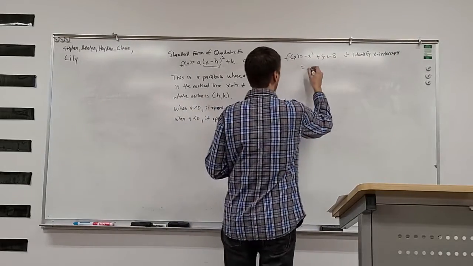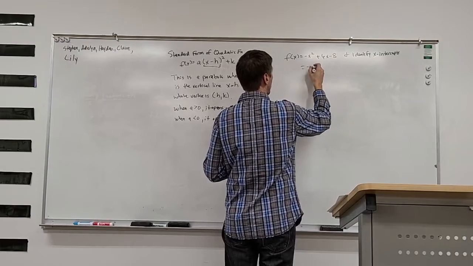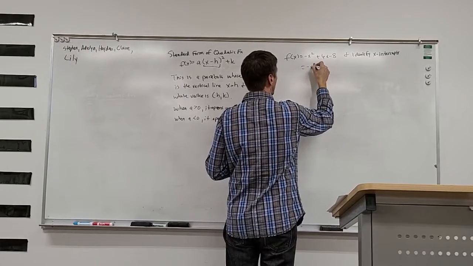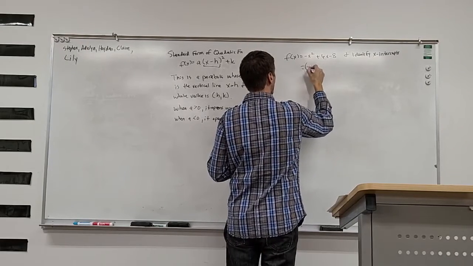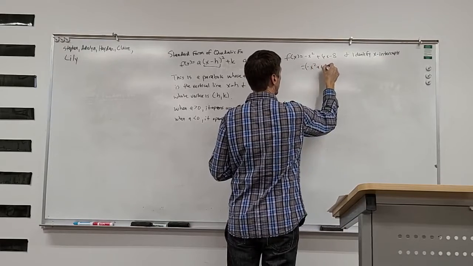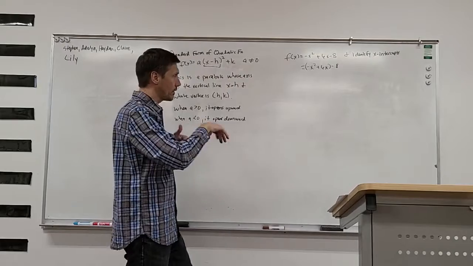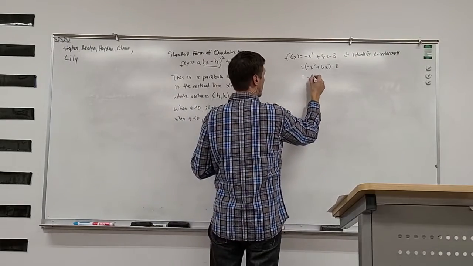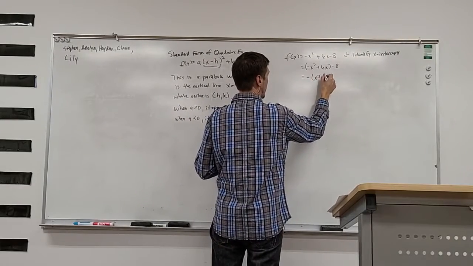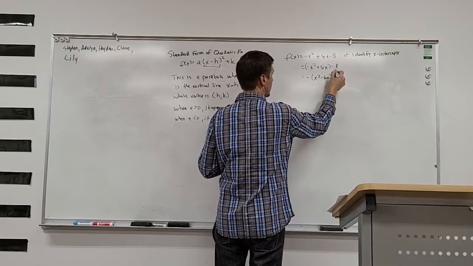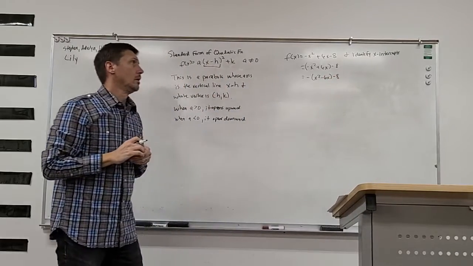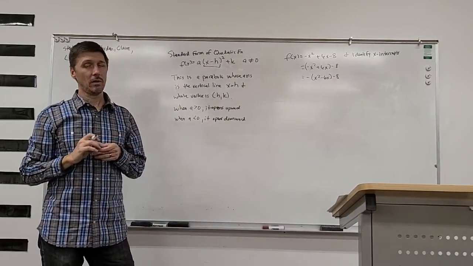We're going to take -x squared plus 6x, and we're going to group that together, minus 8, right? We're going to pull out the negative sign in the front there and make it -(x squared minus 6x) minus 8. Then what's our next step?